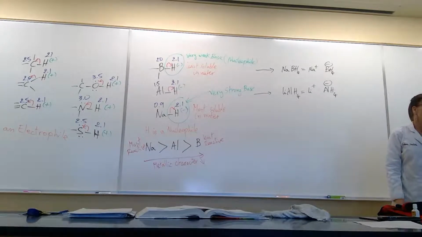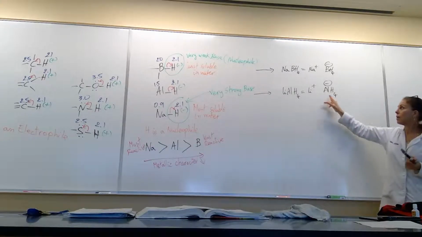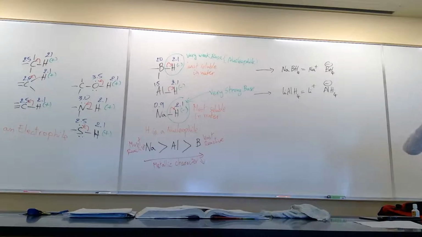For NaBH4, only one of the H's is a hydride, because once it gives that first H, it becomes a Lewis acid immediately. In here, it can lose many hydrides because it's still a metal, okay? So the hydrides are still going to be the negative part. The aluminum is always going to be the positive part.